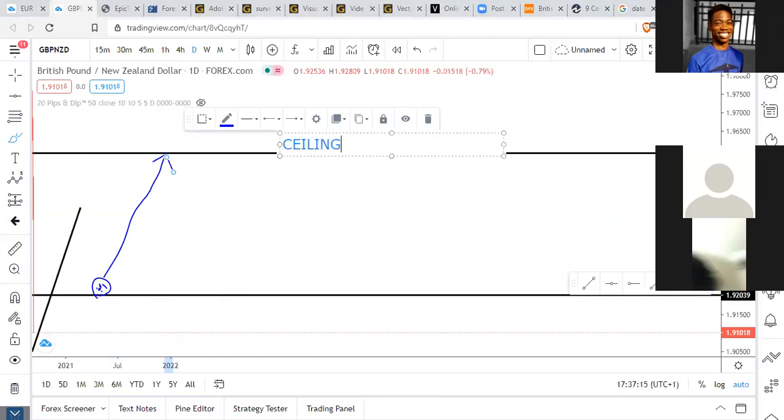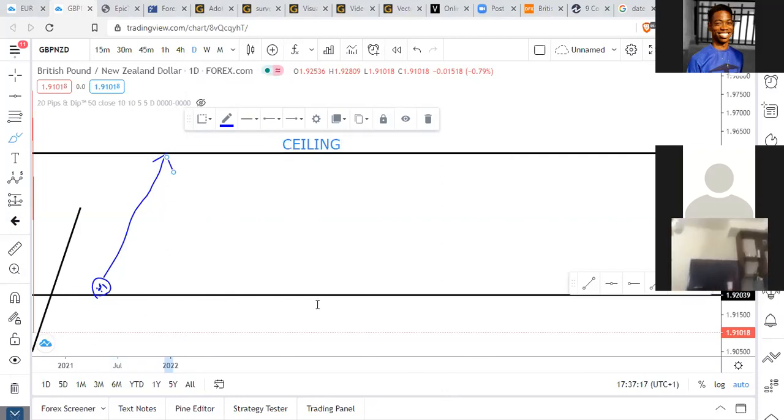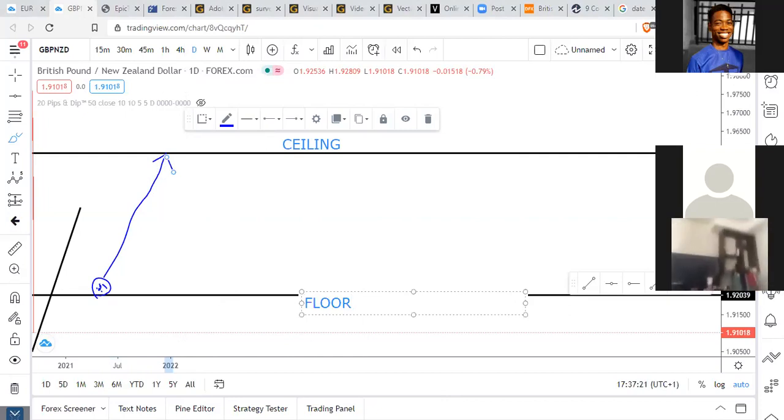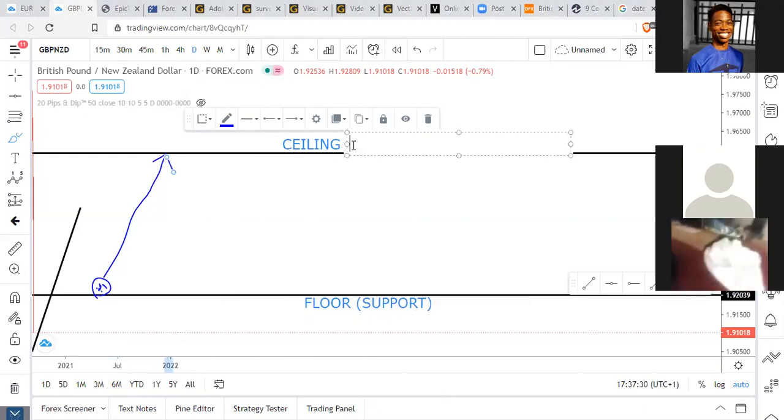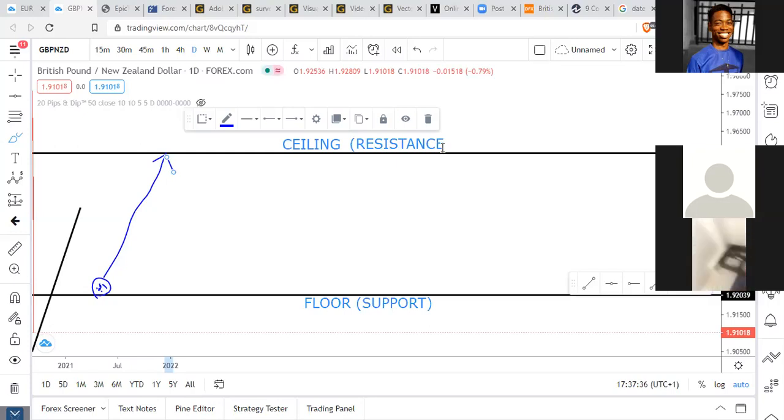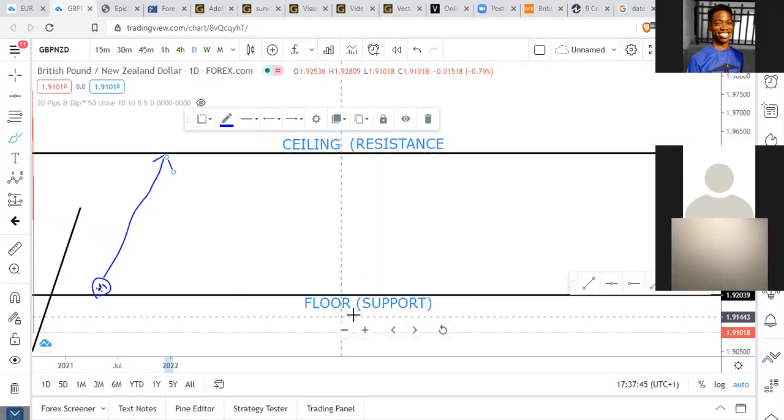Ceiling, and what floor. All right, support. So this is your ceiling, your resistance, and this is your floor, support.